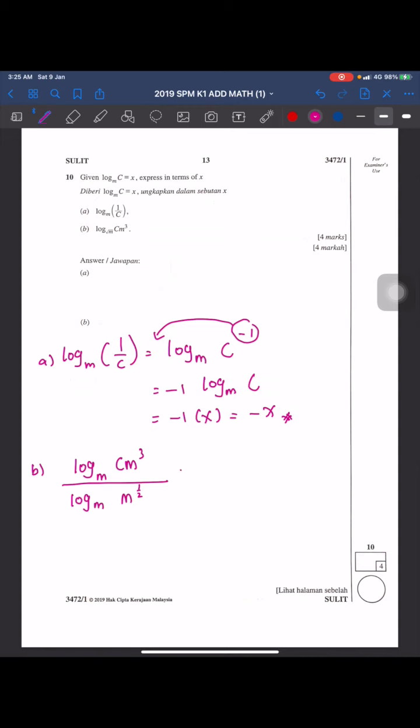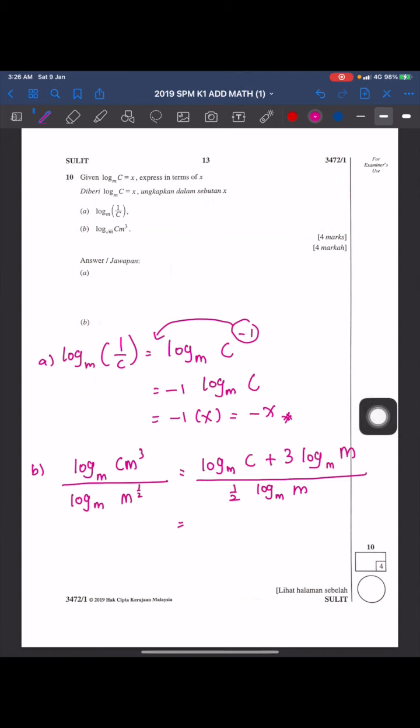Okay, so yang ni kita cuba permudahkan. Okay, so di sini darab kan. Darab bila log saya pecah, saya akan dapat log MC plus, okay, di sini ada kuasa. Kuasa saya pindah ke depan terus. So 3 log M over half log M. Okay, so apa yang kita dapat di sini?